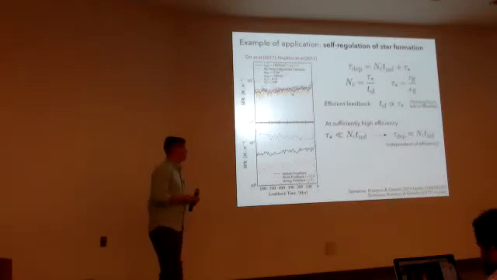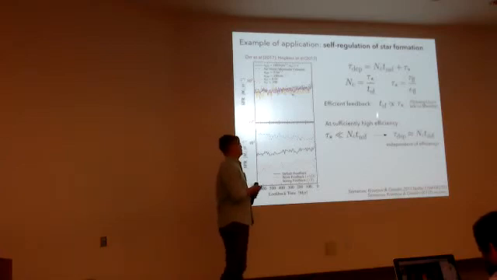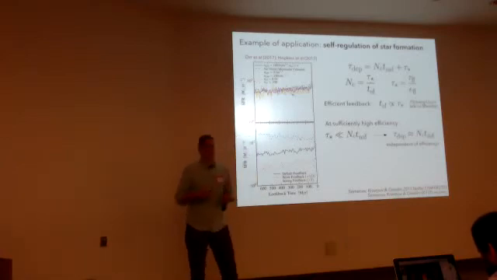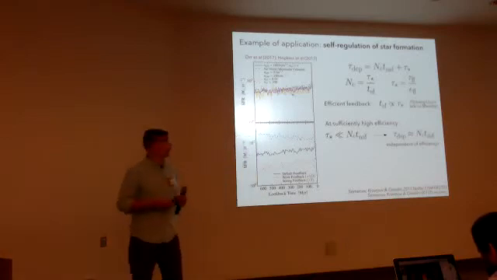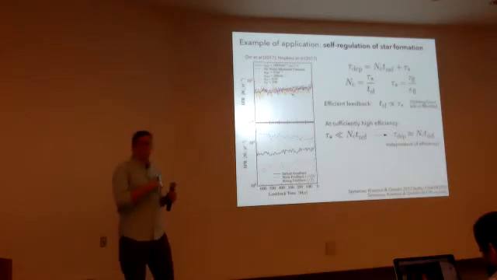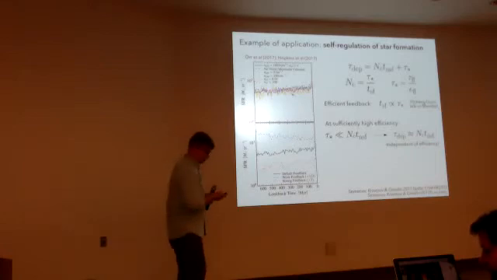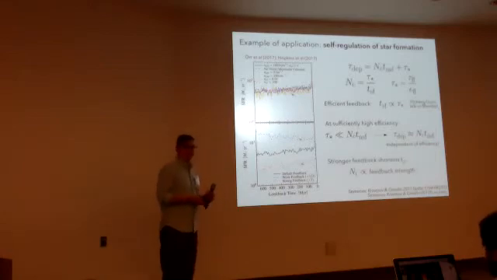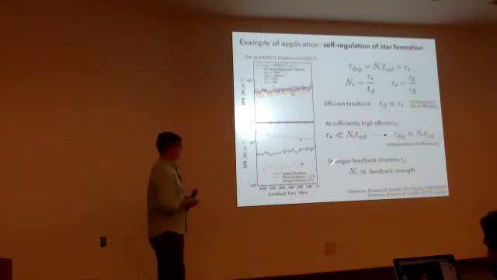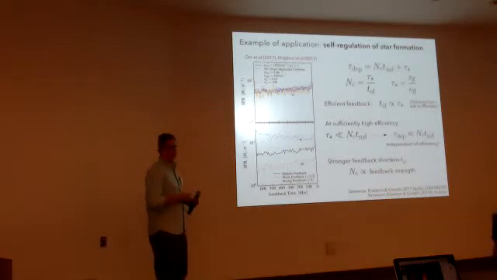On the other hand, the duration of the star-forming stages still depends on the amount of energy and momentum injected by each individual supernova, the strength of feedback. And this is indeed seen in the simulations, as was nicely shown by Phil Hopkins' group. When you change the feedback strength, then in this self-regulated regime, the total star formation rate scales with the strength of feedback.